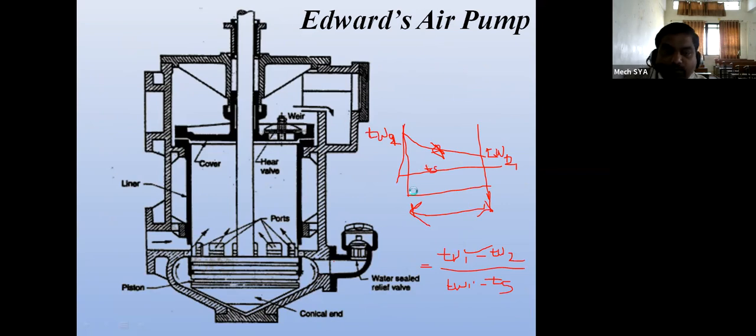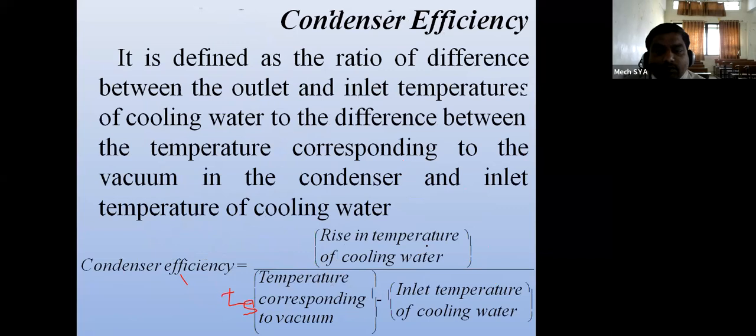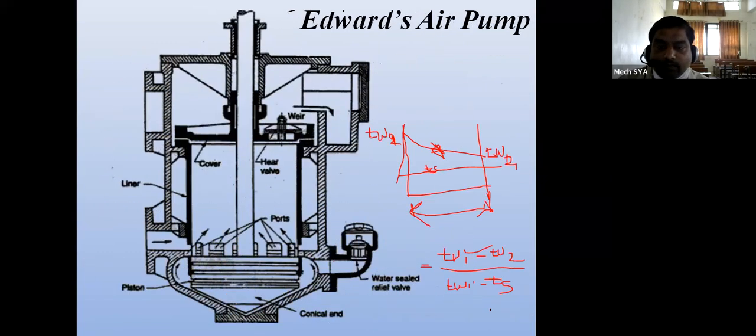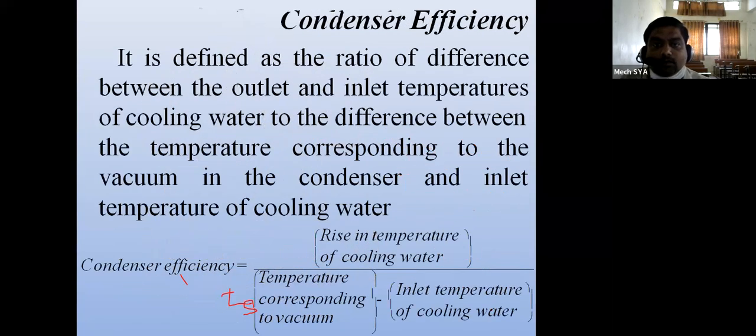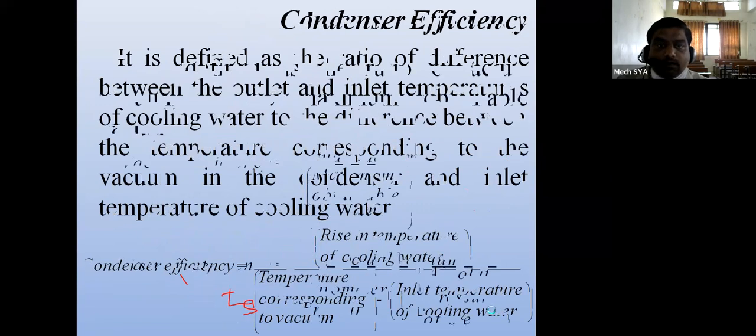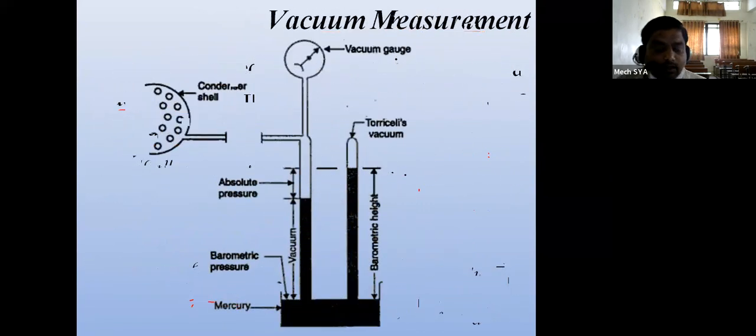This ratio we call condenser efficiency. So this is condenser efficiency, and we'll revise once again in the next lecture.